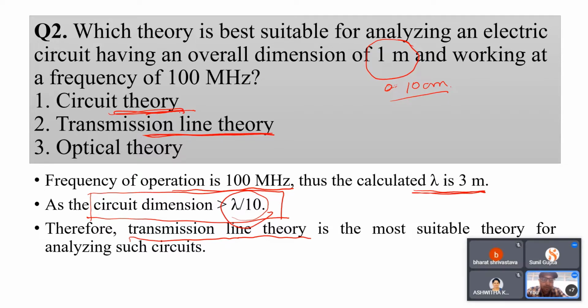And optical theory is the one where the length of the electric circuit is very large compared to lambda by 10. If such a condition is seen, then optical theory is the most suitable theory.